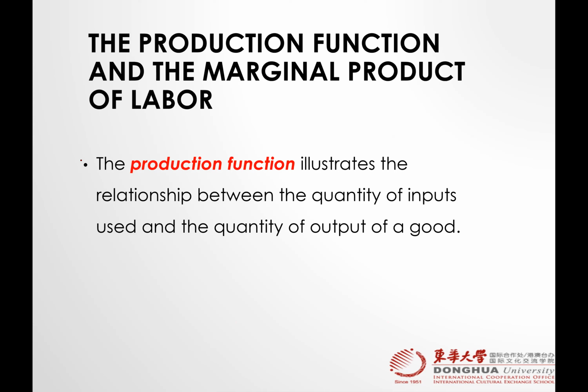We already studied this in the cost of production chapter, where we learned about the marginal cost curve and average total cost curve. We also learned about the production function, which illustrates the relationship between inputs and outputs.